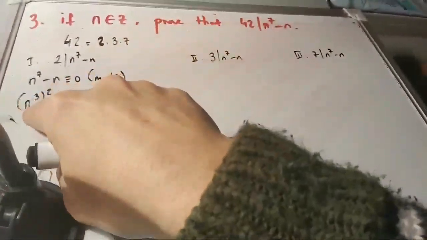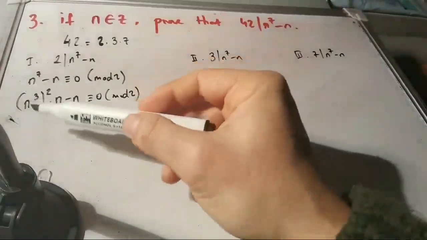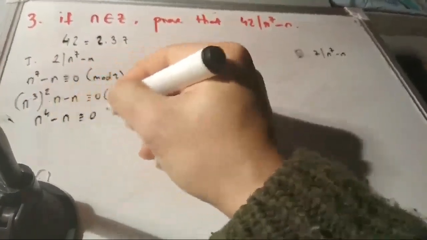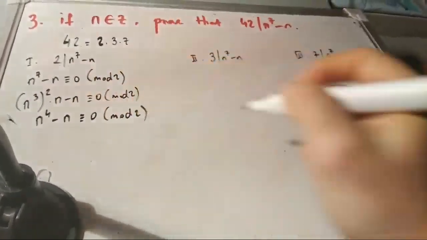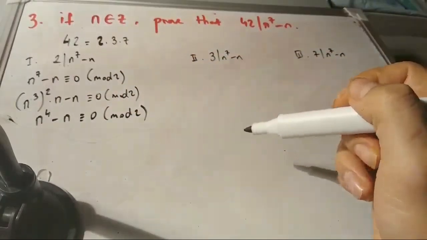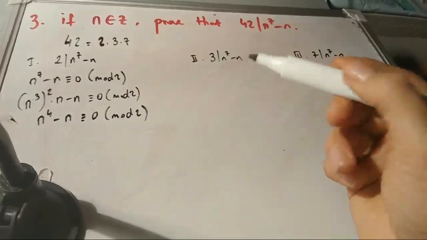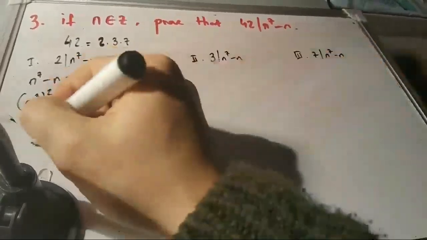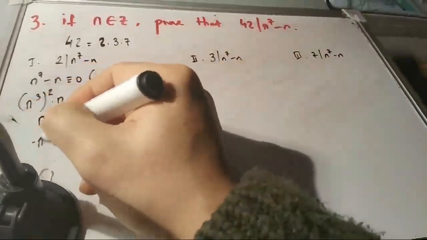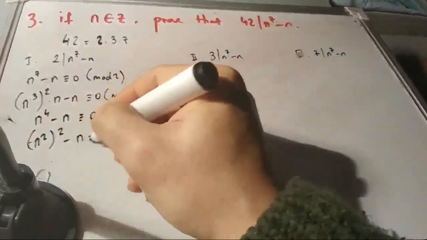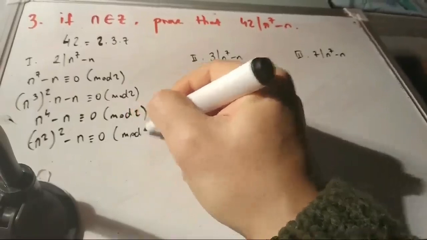So the remainder will be n cubed. n cubed times n is n to the power of 4. n to the power of 4 minus n is congruent to 0 in mod 2. And n to the power of 4 is divided by 2. What is the remainder here? I will separate: n to the power of 4 is n squared to the power of 2, minus n is congruent to 0 in mod 2.